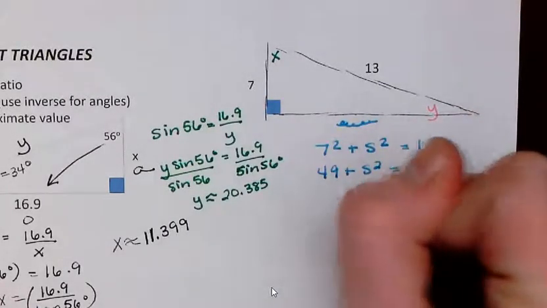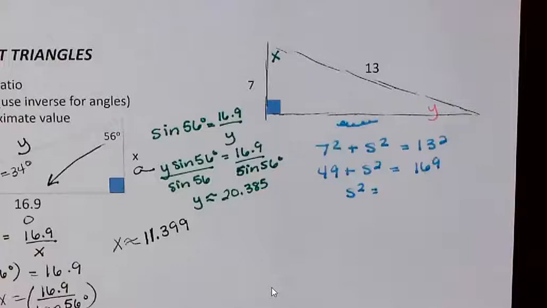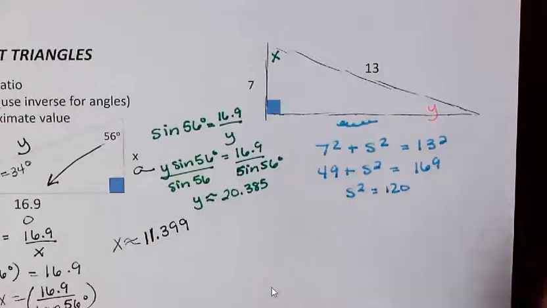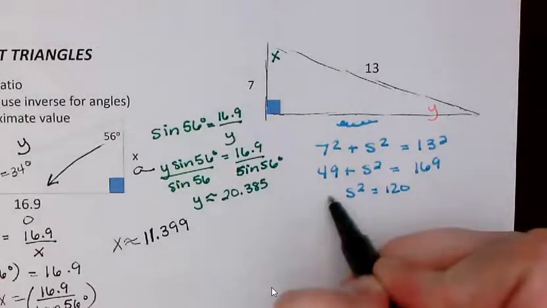S squared equals, I want to say 120, but I'm going to double check. 120. Take the square root of both sides.